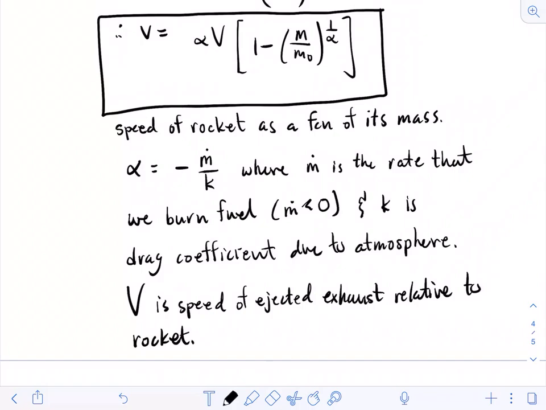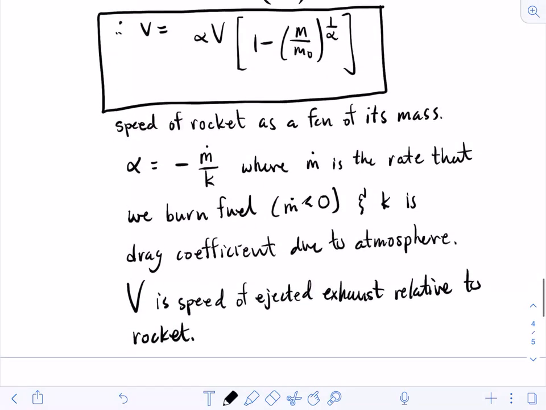So let's see if we can go a bit further. The next thing we're going to do is ask, what if we had a drag force and a constant gravitational field? That sounds simple enough to incorporate into our starting point of our rocket analysis, because we just have to modify the F external.